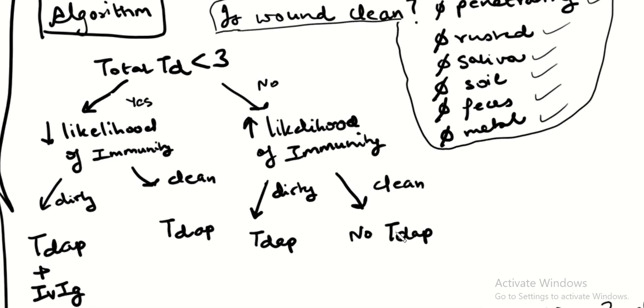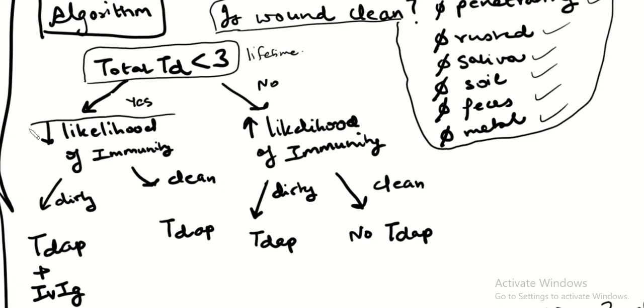So let's take a look at what the tetanus algorithm is. We look at the total number of boosters and tetanus shots that they've gotten. If it's less than 3 over their lifetime, okay, then that means they have low likelihood of immunity against tetanus.